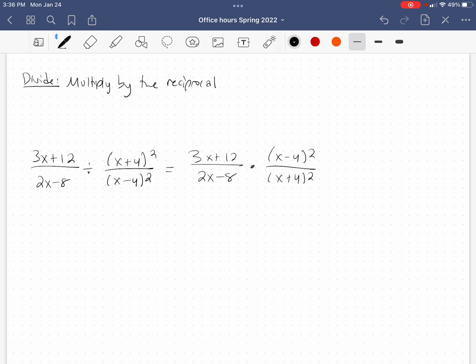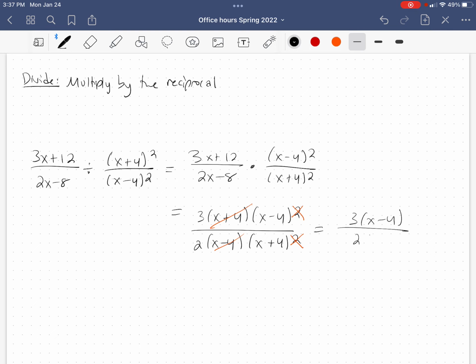All right, now in this case, I can once again factor out when I glue them together with multiplication and cancel. Now again, we're going to be careful of how many terms we cancel. 1 x plus 4 on top will cancel with 1 on bottom, leaving 1 behind. 1 x minus 4 on bottom will cancel with 1 on top, leaving 1 behind, to give us our final answer.